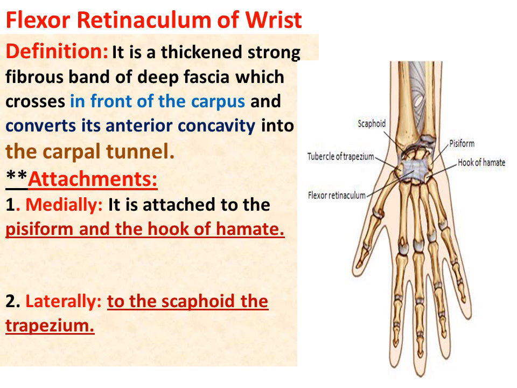Number 1. Flexor retinaculum of the wrist, which is a thickened band of deep fascia in front of the carpal bones and converting the carpal bones into a concave tunnel known as carpal tunnel. The flexor retinaculum of the wrist is attached medially to two bones, which are pisiform bone and hook of hamate, while laterally attached to scaphoid and trapezium.